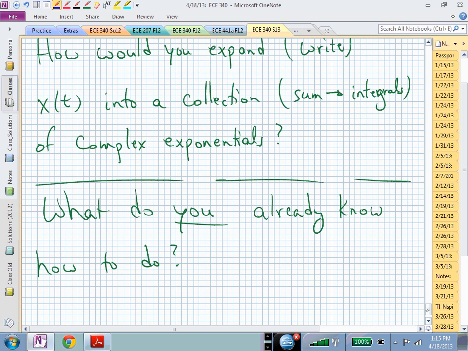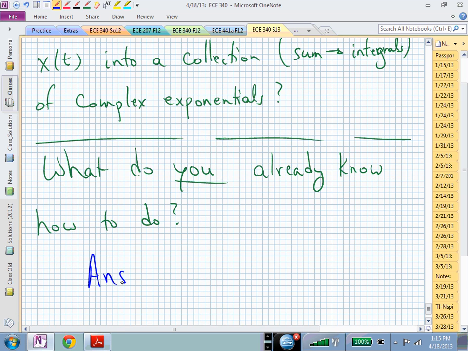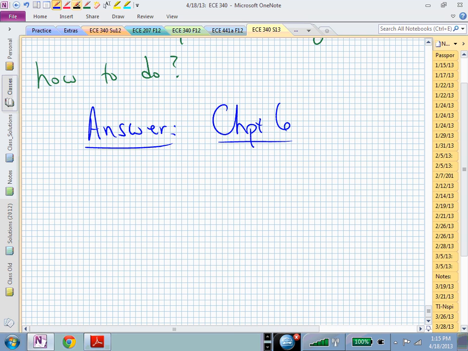We know how to answer that question via Chapter 6. Chapter 6 is Fourier series analysis. Can we now do that or apply that somehow indirectly and then make it apply to what we have? What we want to do then is expand or write.